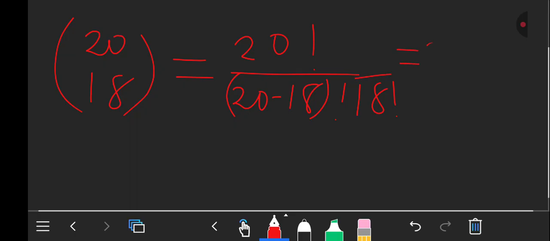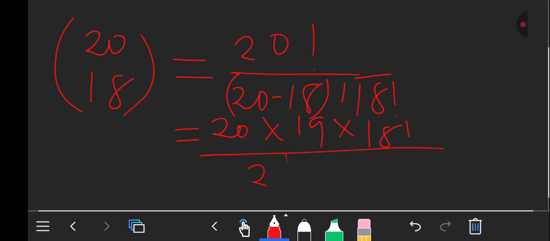20 factorial, let me write it here. I can expand 20 factorial and end on 18 factorial. So I can say 20 multiplied by 19 multiplied by 18 factorial. Then on the denominator I have 20 minus 18, that is a 2 factorial multiplied by 18 factorial.